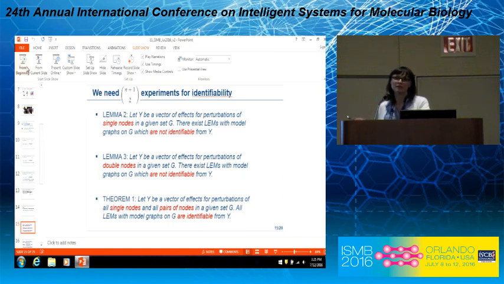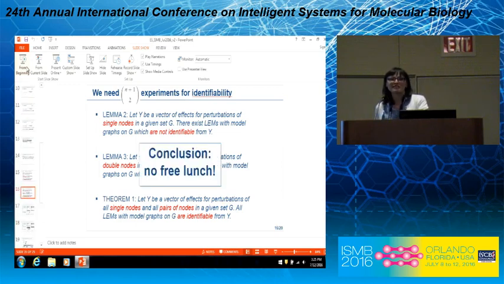That means n+1 choose 2 experiments. So what's the conclusion from this? There's no free lunch. I told you, we want to have more expressible models, we want to make fewer simplifying assumptions, and then we have to pay a price for it by doing more experiments.